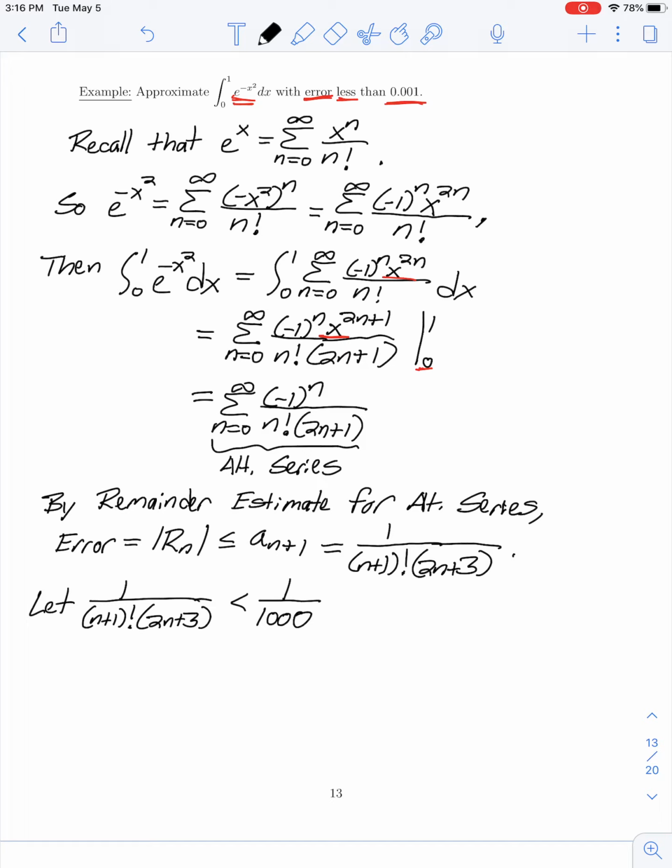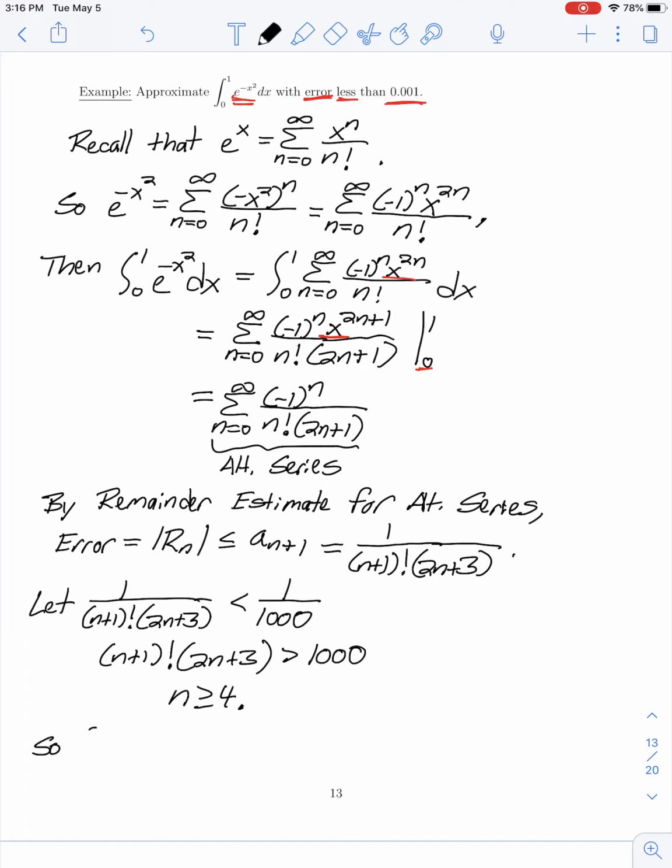Now to solve for n, we can take the reciprocal of both sides, and we find n plus 1 factorial times 2n plus 3 has to be greater than 1000. In testing integer values of n, we find the smallest integer value of n for which this inequality is satisfied is 4. So we need the sum of the first several terms up through n equals 4.